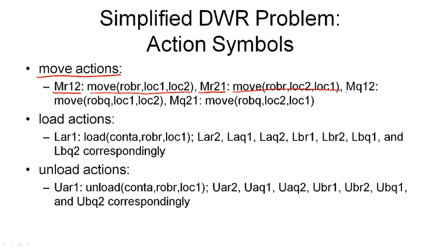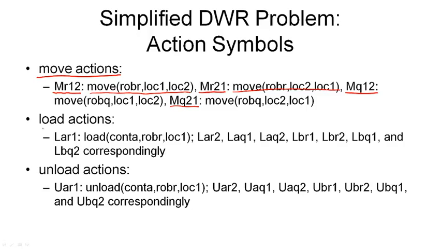Similar actions for robot Q are MQ12, meaning we're moving robot Q from location 1 to location 2. And here we have MQ21, moving robot Q in the other direction from location 2 to location 1. So these are the 4 possible move actions that exist in this problem instance.